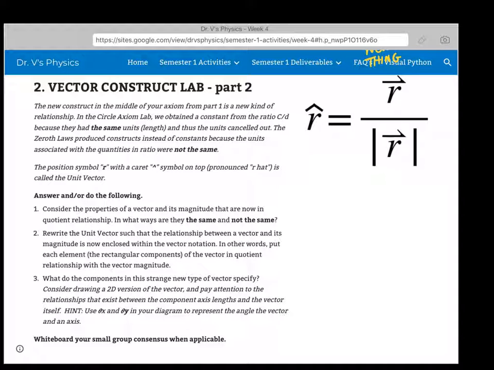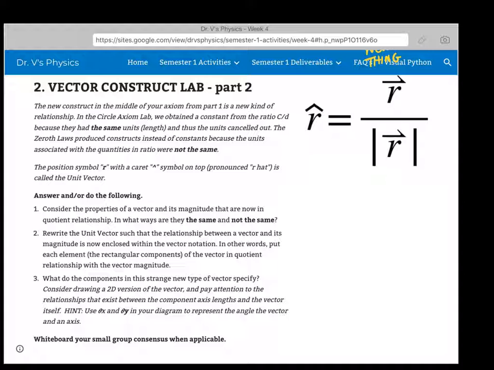These two line segments have something in common. They have this common endpoint. And this angle that's between them could be the angle relative to the x-axis.